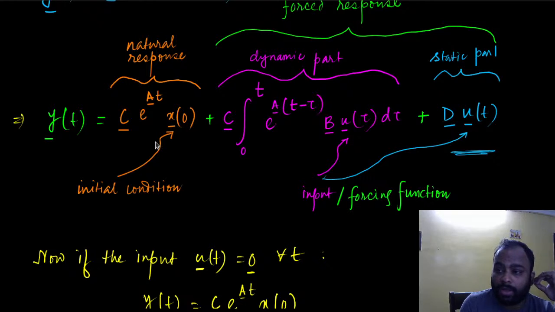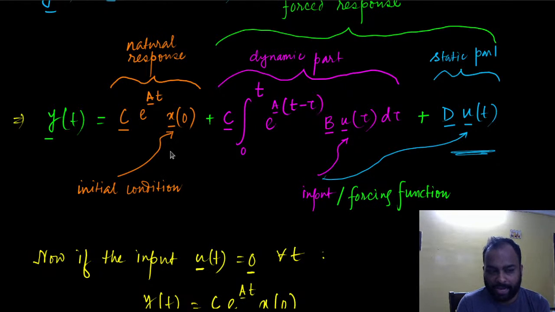Okay, since the idea of transfer functions does assume zero initial conditions, if I use the idea of transfer functions, we never get to see natural response, because the moment I talk about Laplace transforms, the moment I talk about transfer functions, then and there we assume zero initial conditions, and the moment we assume zero initial conditions, of course the natural response part becomes zero.